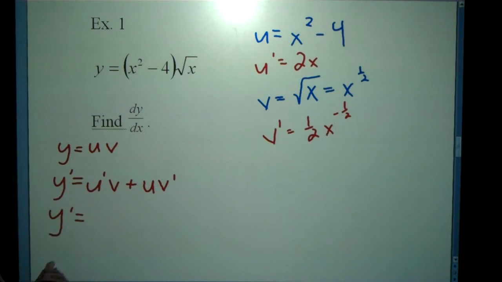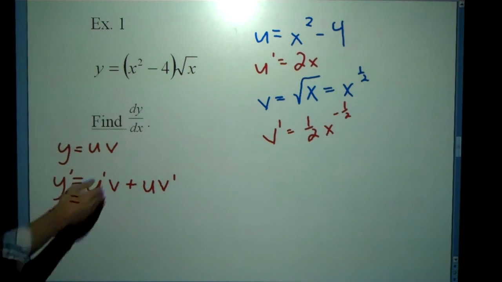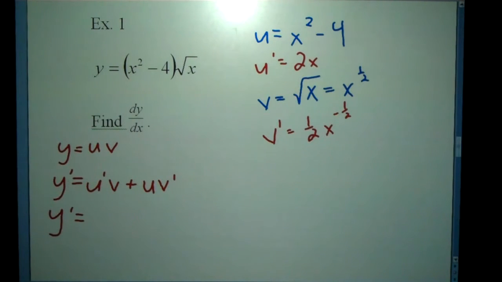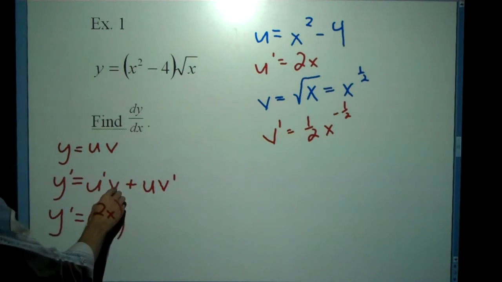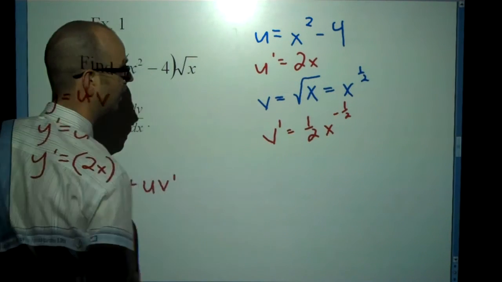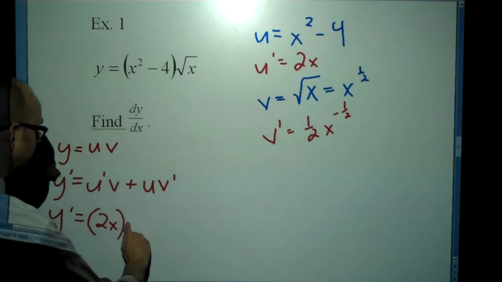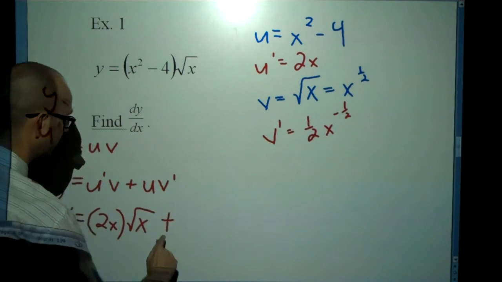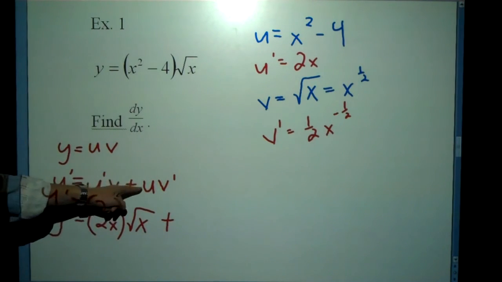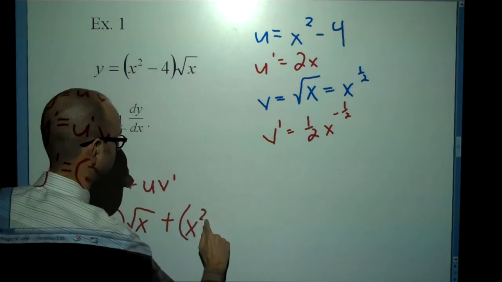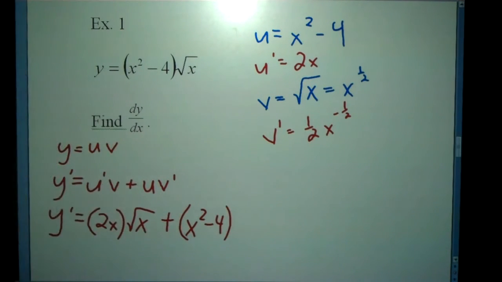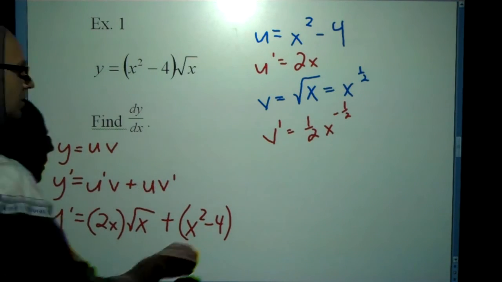So the derivative of y, or dy dx might be better since that's the notation they used. We'll write down the derivative of u. So that's 2x times whatever v was, and that was square root of x, plus u, which is x squared minus 4, times v prime, which is this.